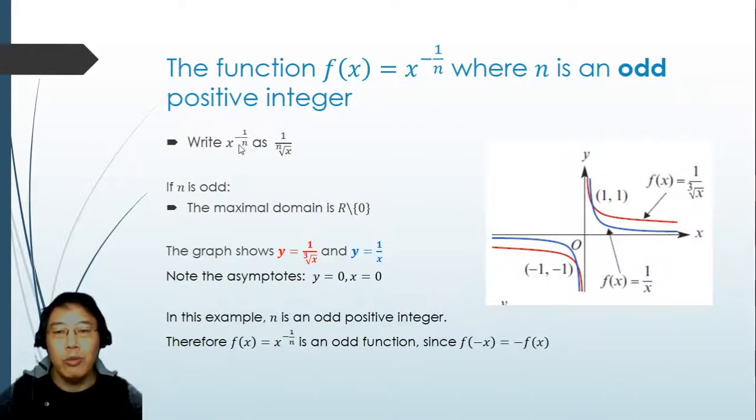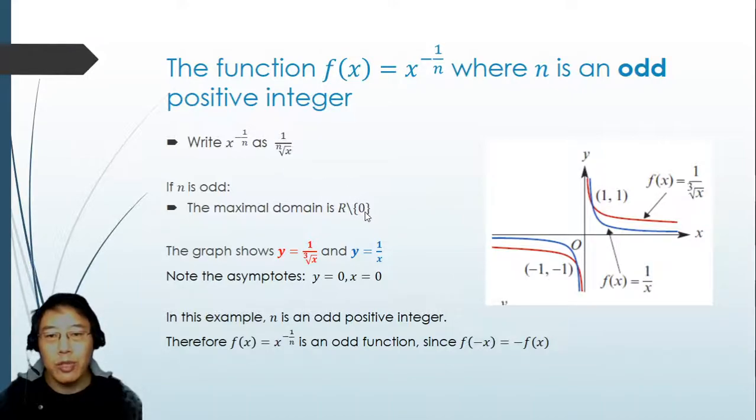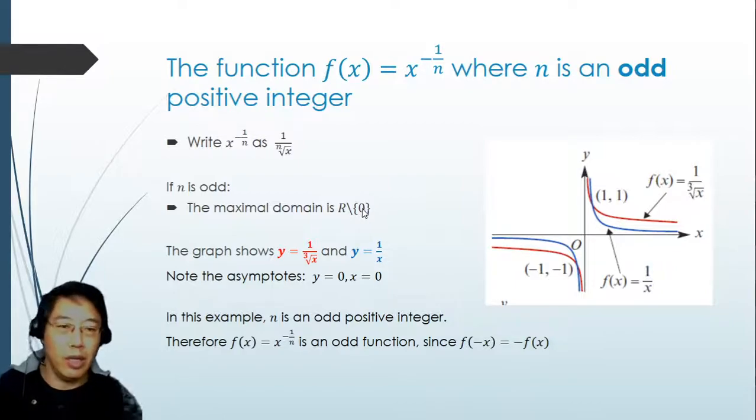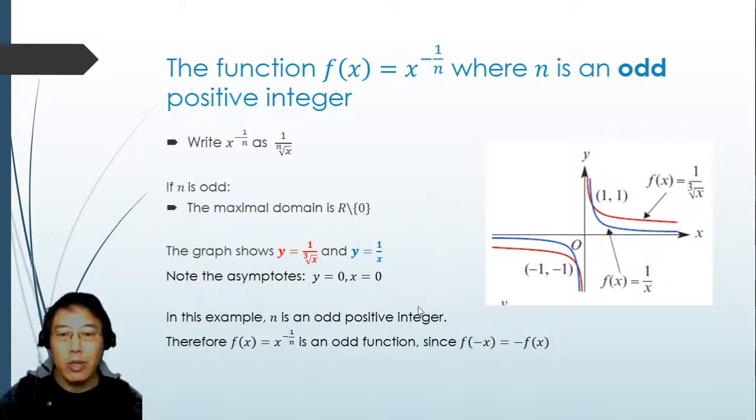Do remember, when you have a negative power, you can write it as a positive with the denominator being a root function. So if n is odd, as it is a reciprocal function, you will have to exclude 0. So the domain will have to exclude that value. What it means is you will have an asymptote of equation y equals 0.